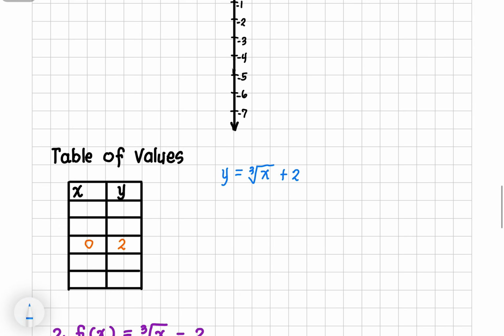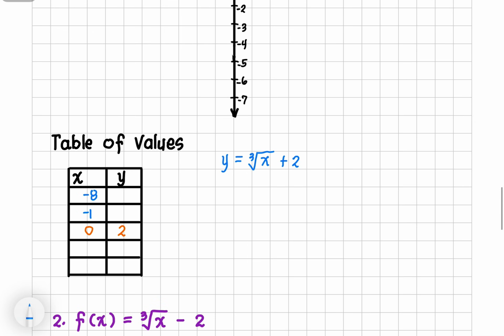Okay. So, here class, we can use negative 1, since there is only a single term inside our radical, so it is still easy. So, we have negative 1, negative 8. Again, other numbers are possible, let's say negative 2, negative 3, negative 4. Then likewise below, positive 1 and positive 8.